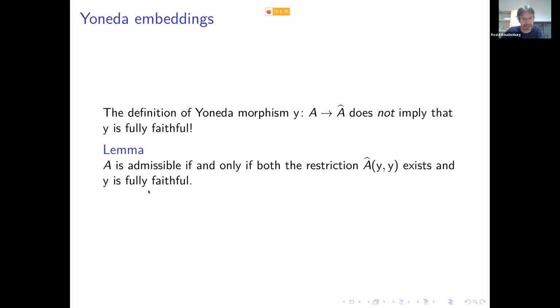So that's what I talked about as well. This fully faithfulness has to do with admissibility. I don't know any example of a formal Yoneda morphism that is not fully faithful, but the definition doesn't imply it, and also there are quite a few formal results that don't use it. Maybe it will be handy at some point.